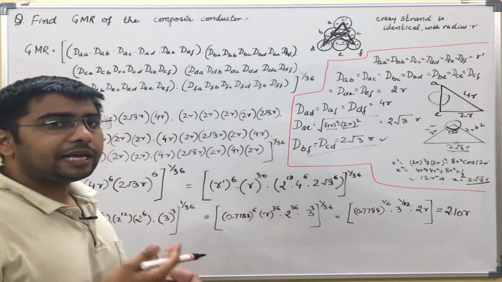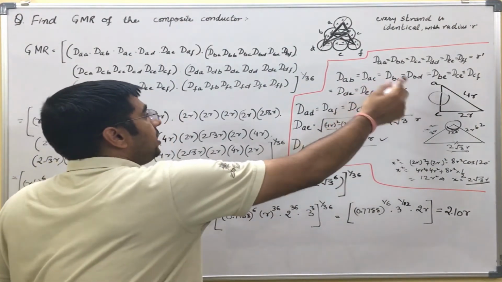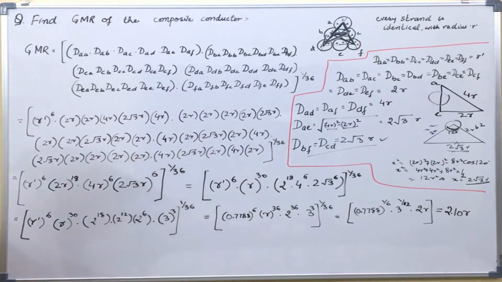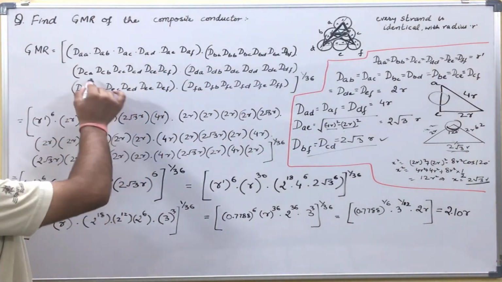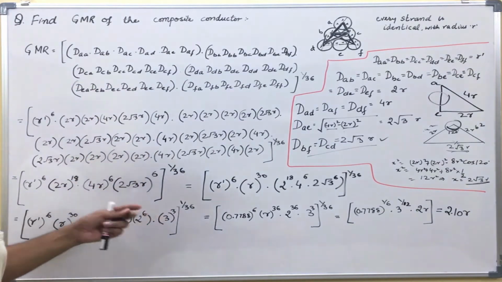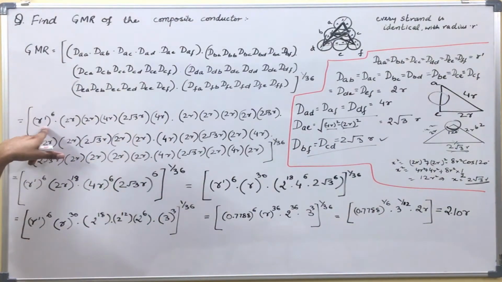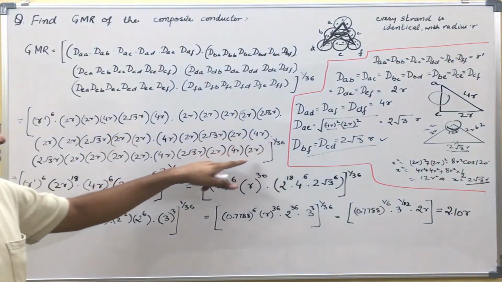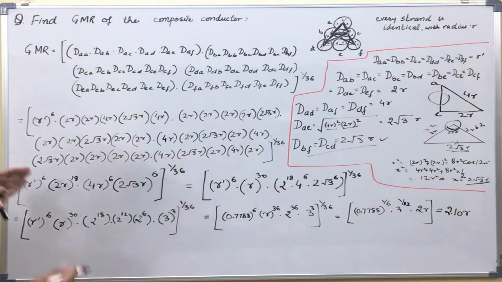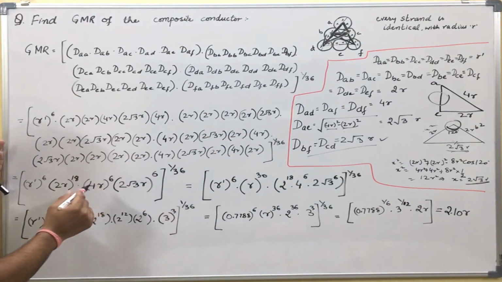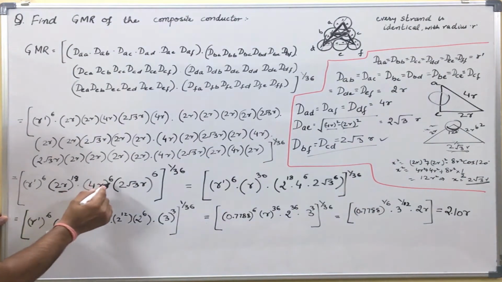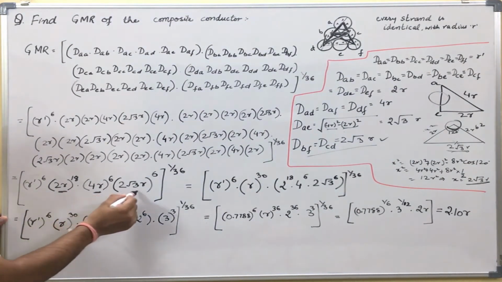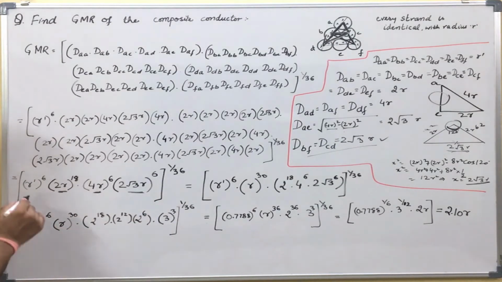Now the only thing that remains is to put all these values here. We can see that r dash will be there in every term, so there will be 6 terms of r dash. Taking everything common, you can see there are 18 terms of 2r, 6 terms of 4r, 6 terms of 2 root 3 r and 6 terms of r dash.